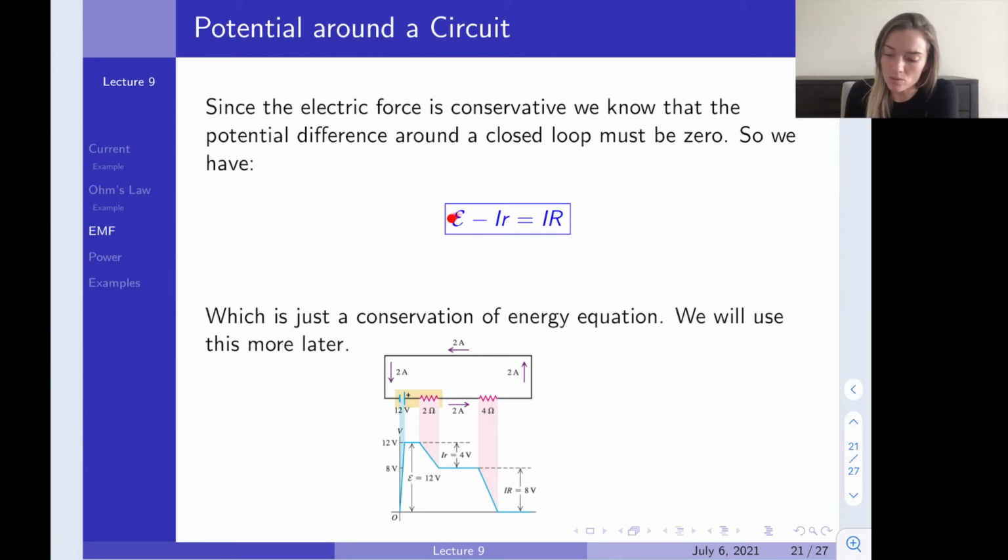So we can write this as essentially a conservation law. We have the EMF of the battery, minus the potential difference lost in the internal resistance of that battery, minus the potential drops as you go through the circuit, and that will all be equal to zero.